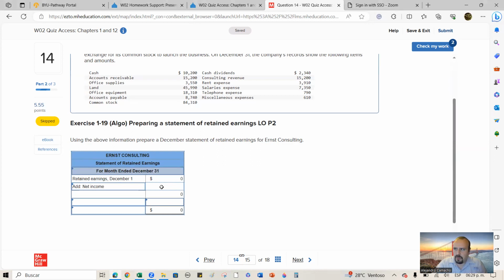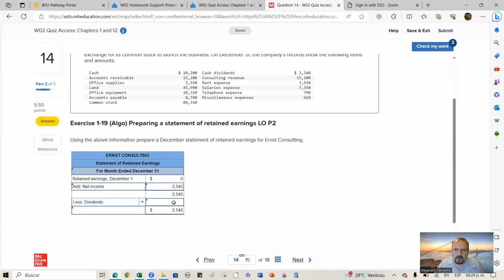So I will put the number that I got for my case, right? And the only thing that is decreasing this concept, according to what we have in this retained earnings report, is the dividends, right? So we have these cash dividends, and we have to put it here.